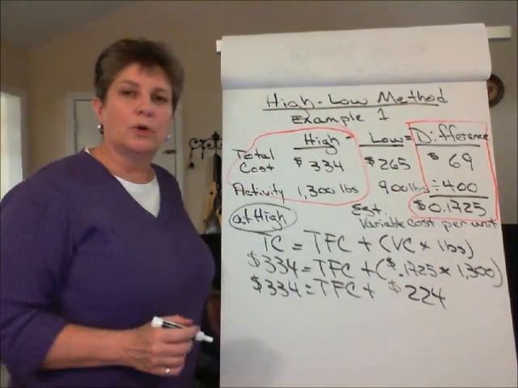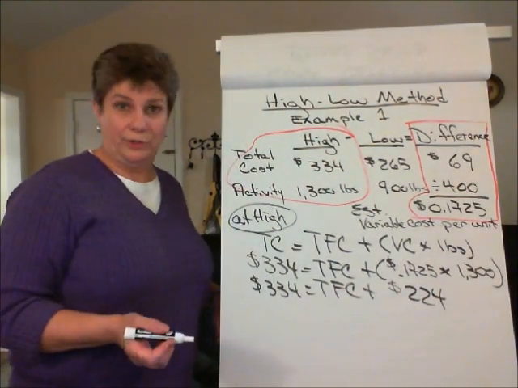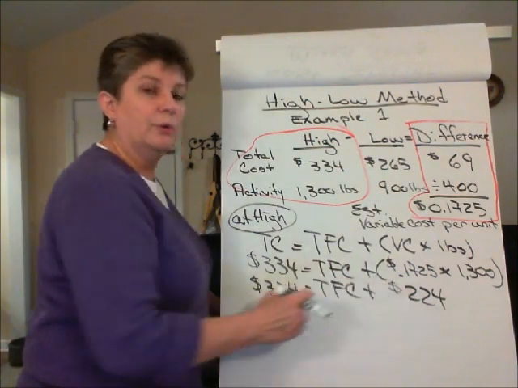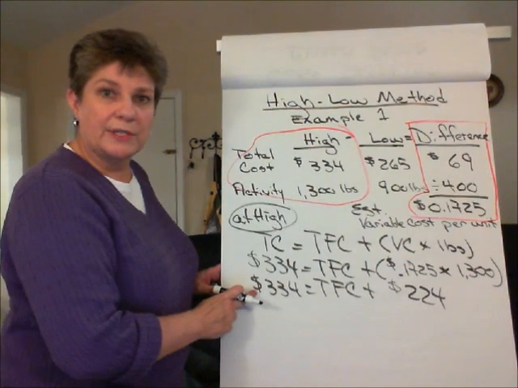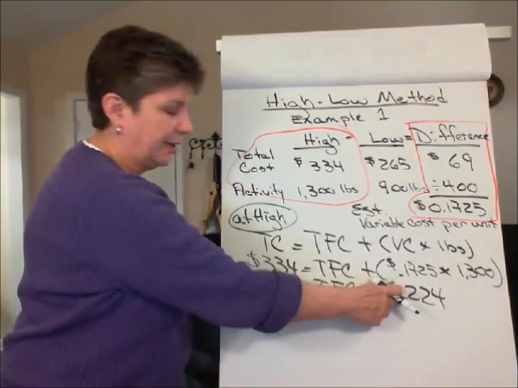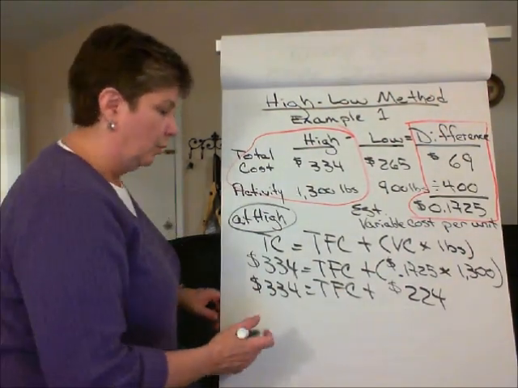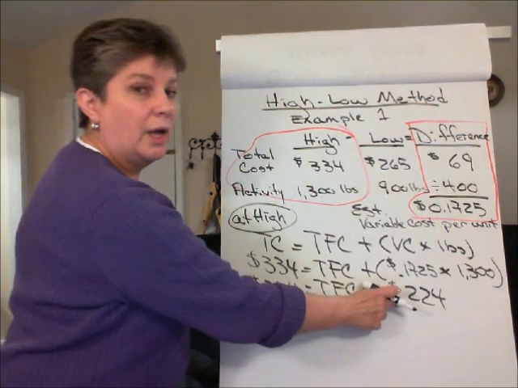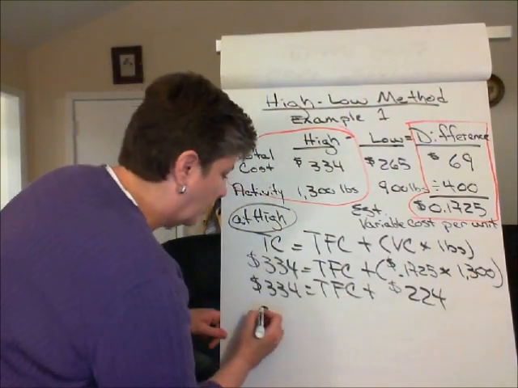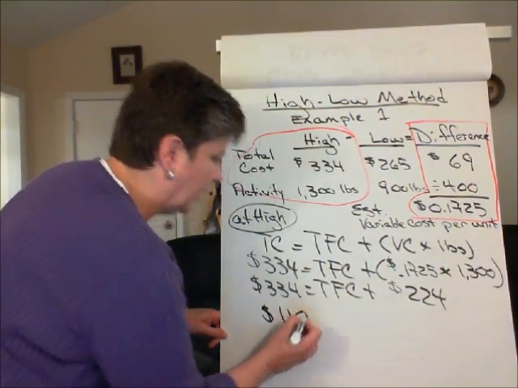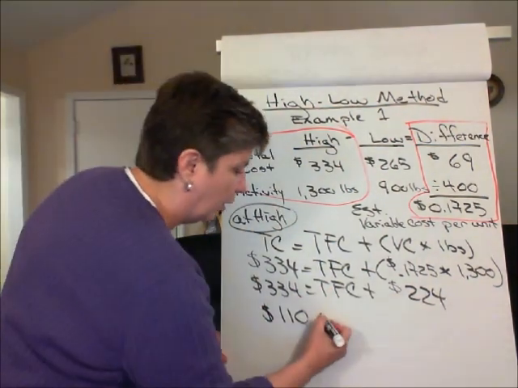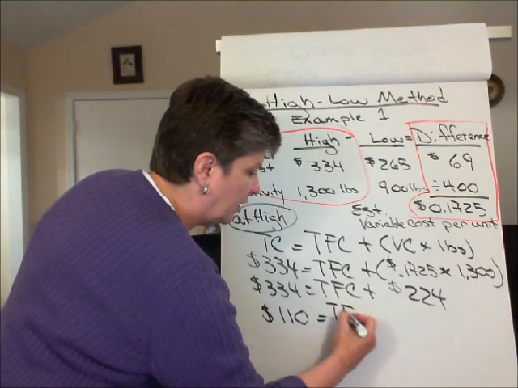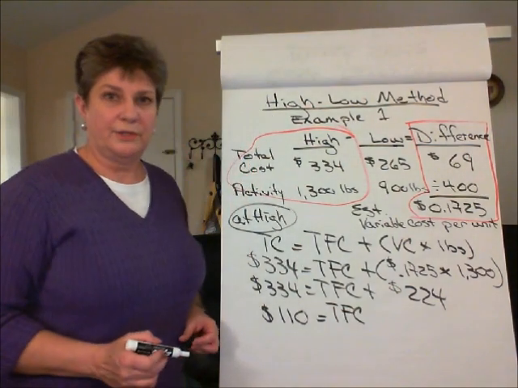So 17.25 cents per pound times 1,300 pounds is $224 rounded. Then we bring like items together by subtracting the 224 from the total cost. So 334 minus 224 is going to leave us with $110, and that is our unknown total fixed cost.